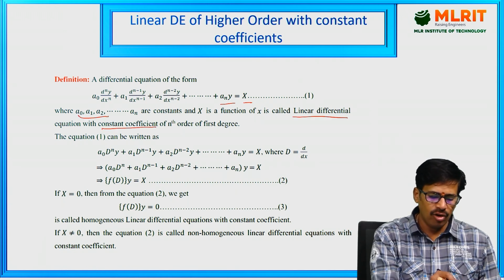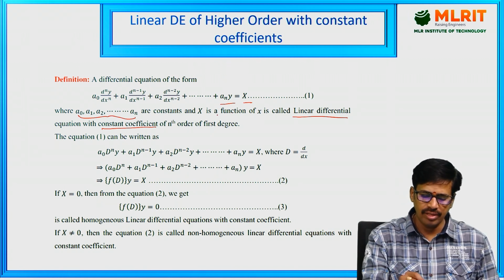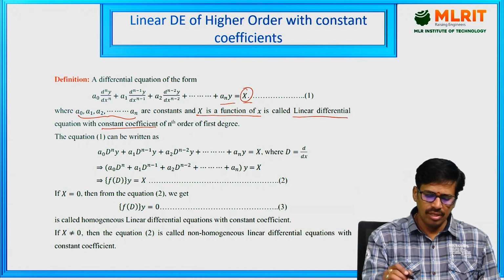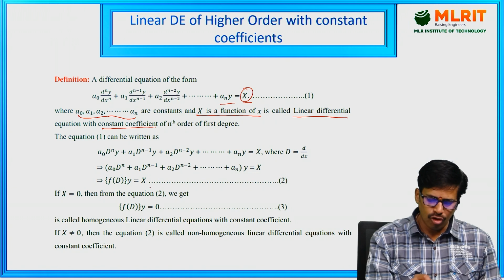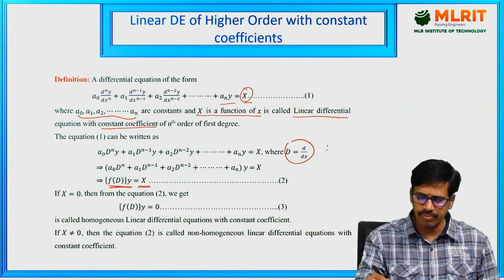Here a0, a1, a2 and so on, an are the constants, and capital X, the right side function, is some function of x. This differential equation can be written in the form f(D) y = X, where capital D means d/dx, capital D square means d²/dx², and so on.